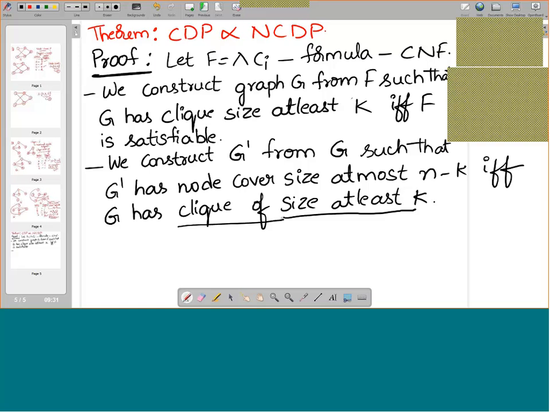If the graph has clique size at least k, then G dash will have node cover size at most n minus k.